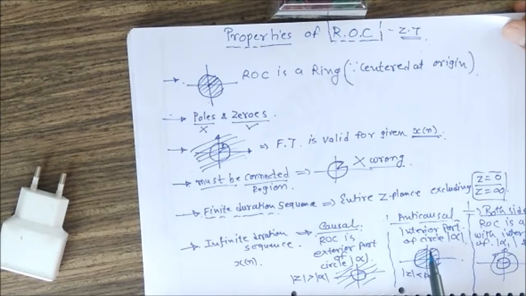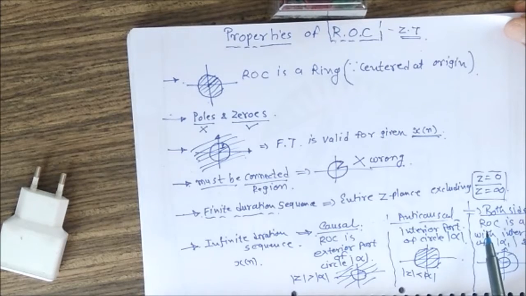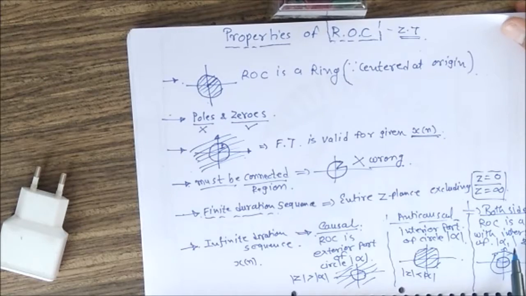So the alpha radius and interior part, all the set of z values is the region of convergence for anti-causal sequence. If it is both-sided sequence, then the ROC is a ring set with intersection of alpha 1 and alpha 2 radius. Alpha 1 and alpha 2 are the anti-causal radius and causal radius respectively.